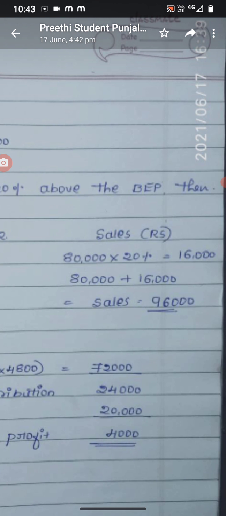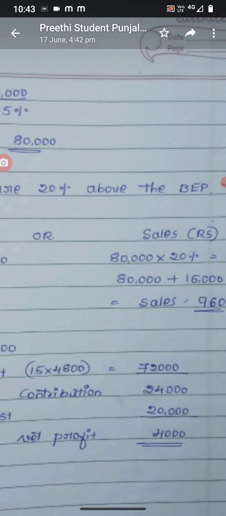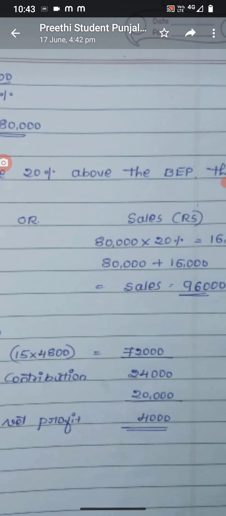So this is one way of calculation, taking break-even quantity into account. Another way of calculation is taking break-even sales into account. Break-even sales is 80,000, into 20%.